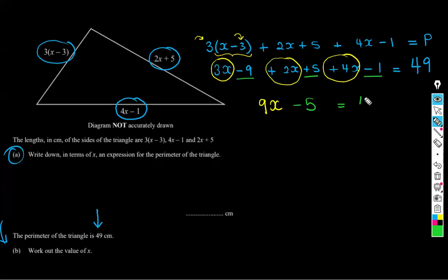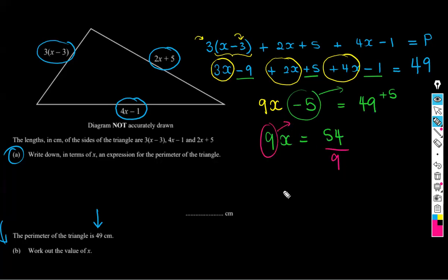And this is going to be equal to 49. Throw across minus 5, you get positive 5, so 9x is going to be 54. Throw across the multiply, you'll get divide. 54 divided by 9 is 6. So x is 6.